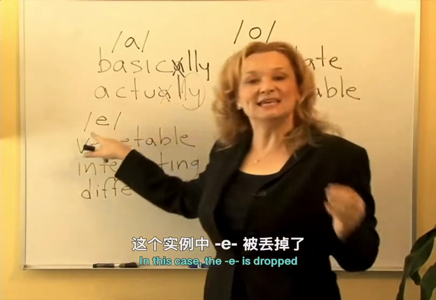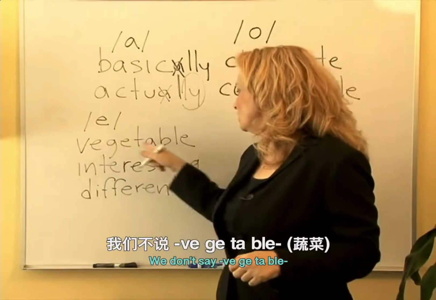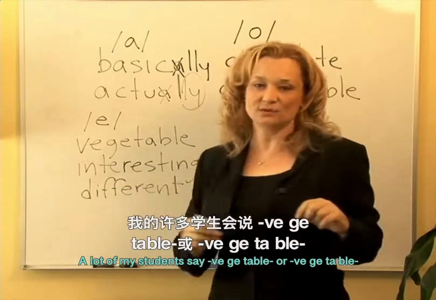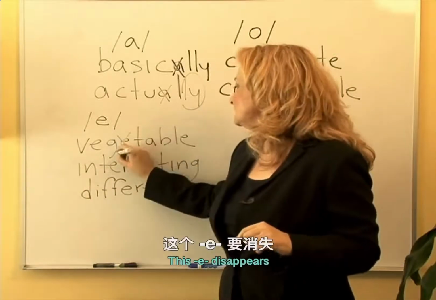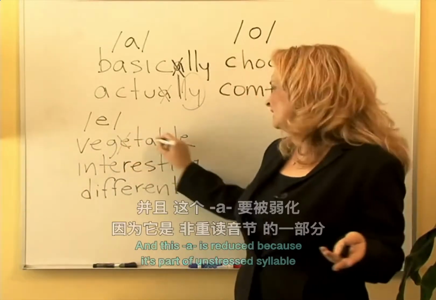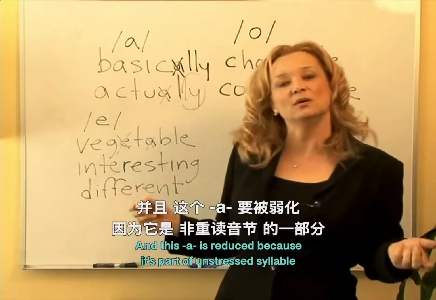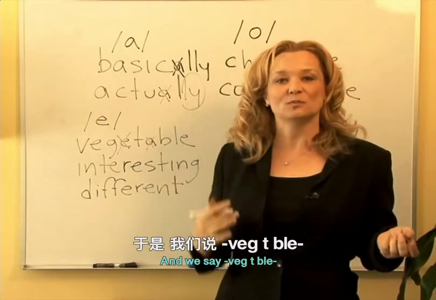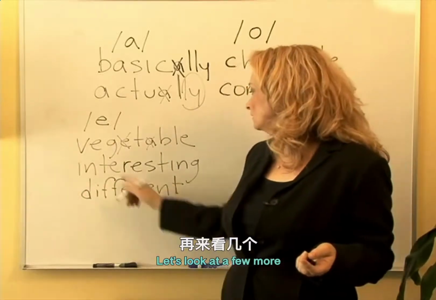In this case, the E is dropped. We don't say vegetable. A lot of my students say vegetable or vegetable. This E disappears and this A is reduced because it's part of the unstressed syllable and we say vegetable.